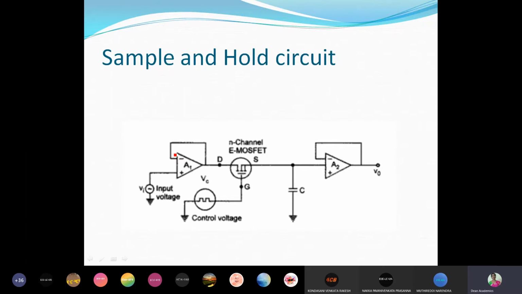In today's class, we have also seen the instrumentation amplifier. And we are going to see some more circuits like the sample and hold circuit, which is another application of OpAmp, and after that, some comparators. How do we design comparators using OpAmp? Using OpAmp, you can design a differentiator, integrator, subtractor, summing amplifier, voltage to current converter, current to voltage converter, sample and hold circuit, comparators, square wave generator, triangular wave generator.